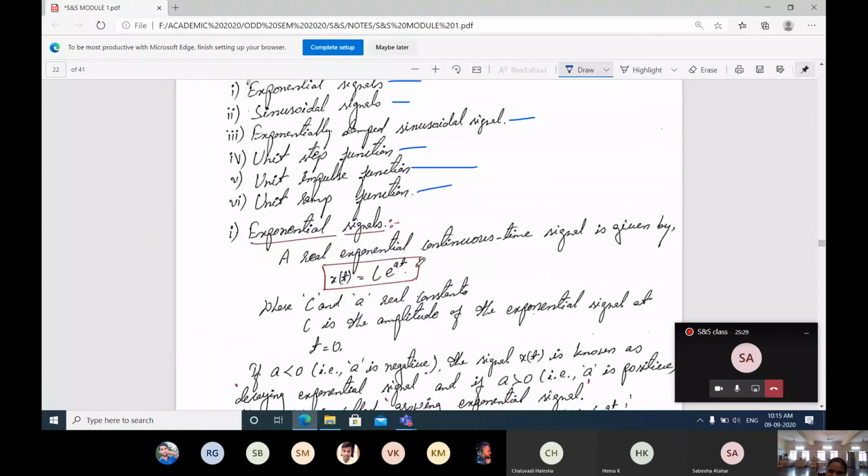You will be writing e power x and all, but here you have to mention t, which is the time. Here c and a are real constants. C is the amplitude of the exponential signal at time 0.